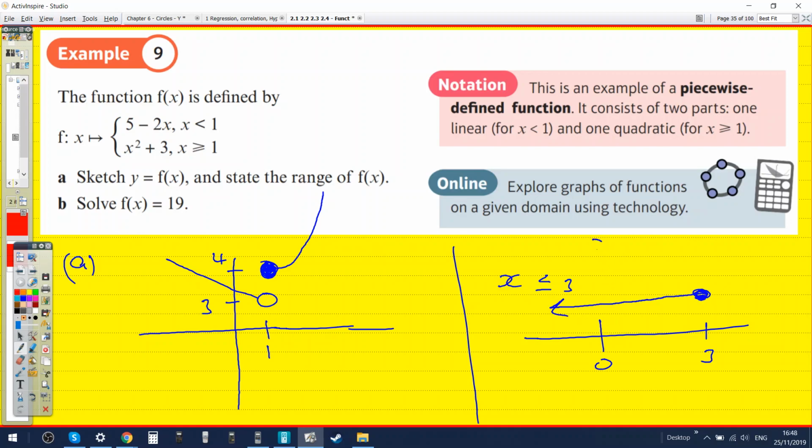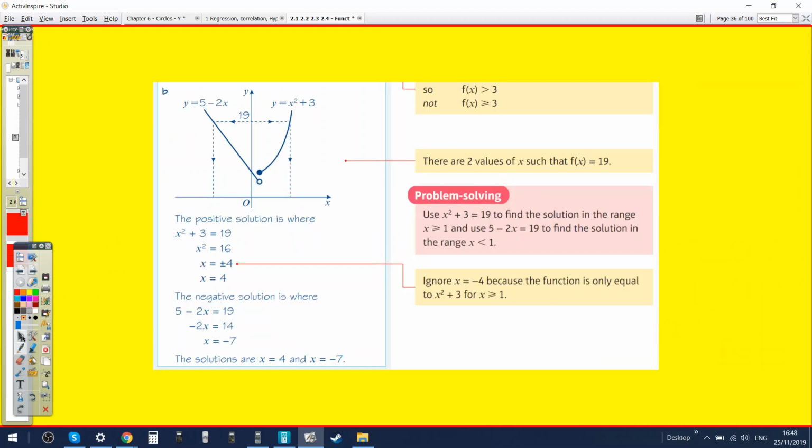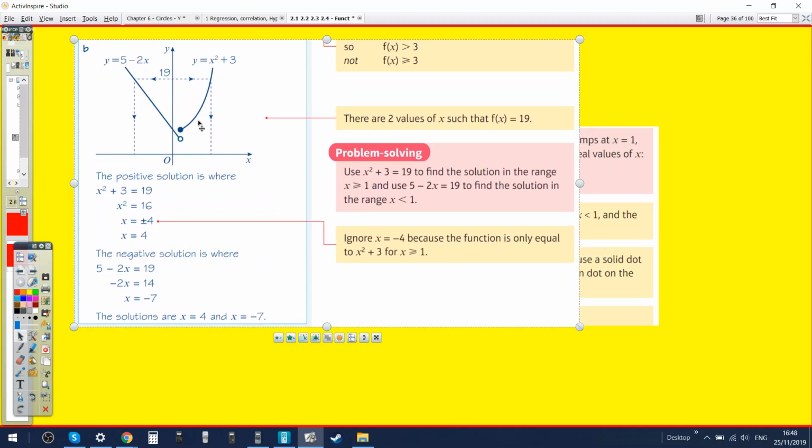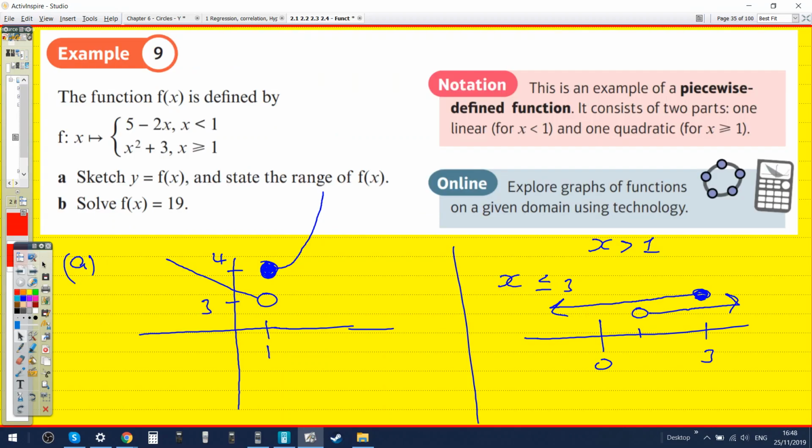If it's unfilled, x is greater than 1, then let's say that's 1, and it's like that. It's unfilled, and that's why they're like that. So it comes from that. And that's what it looks like. That's that graph. So that one's a straight line and it just stops at that point. And then this one is the curved line and it stops at that point.